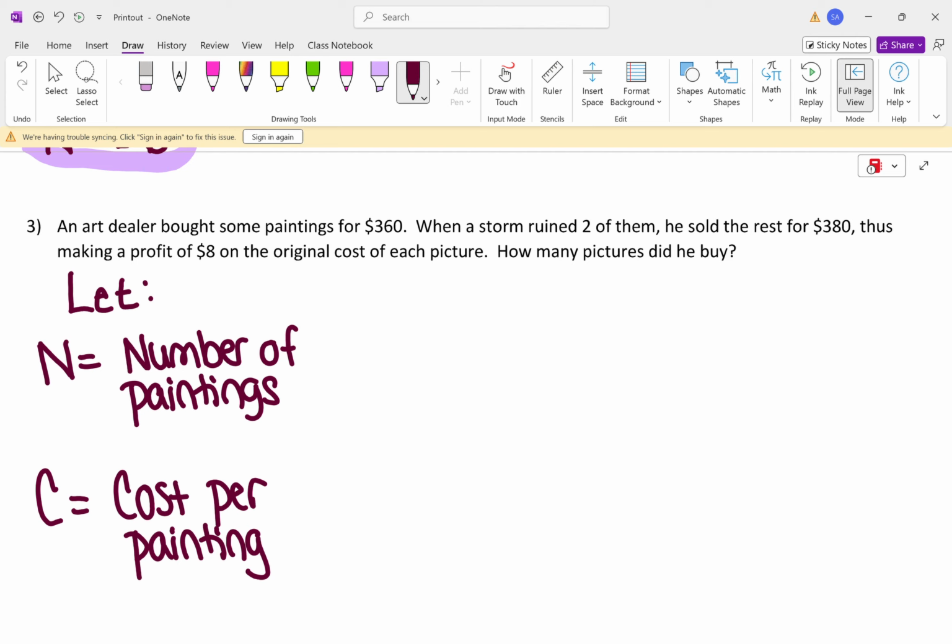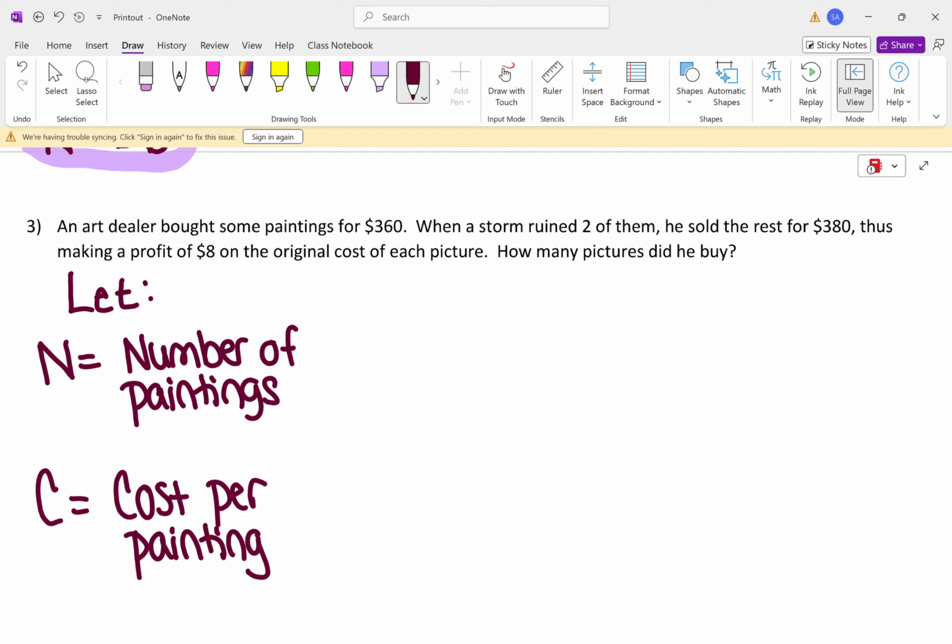It's okay, you're allowed. All right, so it says an art dealer bought some paintings for $360. So if I bought 5 paintings and each painting was $10, how would you find how much I spent? Wouldn't you do 10 times 5? Right? But do I know the number of paintings or the cost per painting?